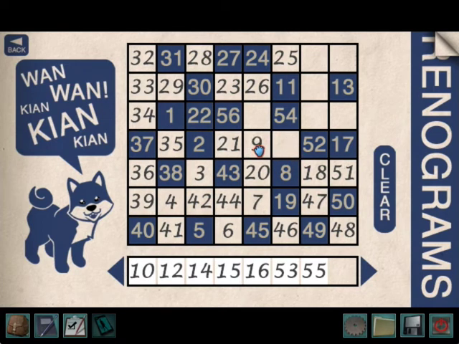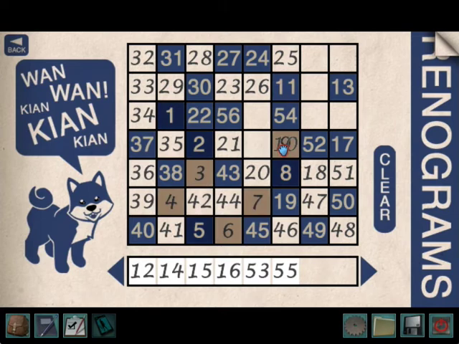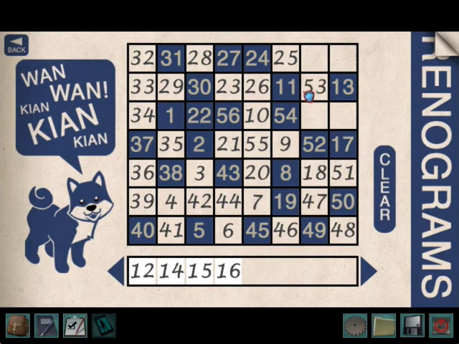This could go there or here. Well, the thing is, if we did this, we'd completely block off 54 and 55, so that's not really going to work. So, yeah, 9 has to go there. There's no other way. And I'm just going to go ahead and say that it works like that, because I can't really see another way you can do it.